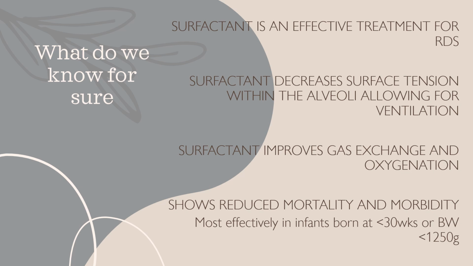Once the alveoli open up, surfactant is going to improve our gas exchange and oxygenation. And with that, it makes sense that if we can turn things around, we're going to show decreased risk of chronic lung disease, decreased lung injury, decreased mortality, and less acute pulmonary injury.